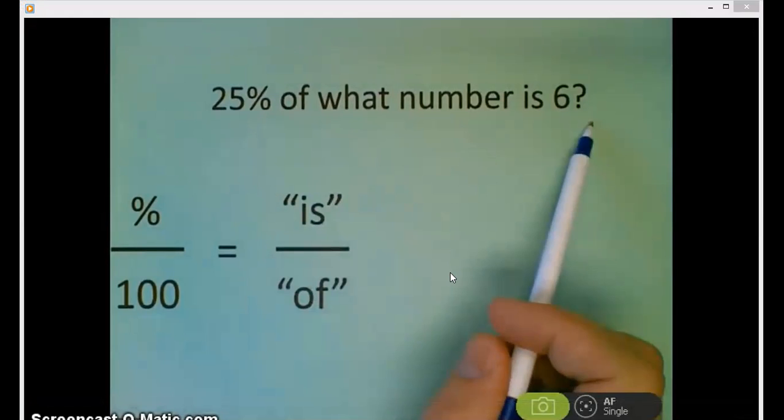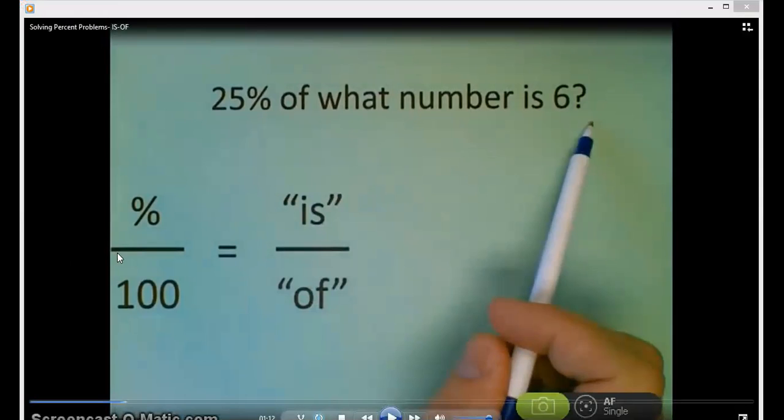We have to classify the word percent. Where is the number before it? 100, this is standard. Where is the number after the word is? And where is the number after the word of? What if you don't have the number after the word of or the word is? Then you denote it by the letter X, which is the unknown variable.